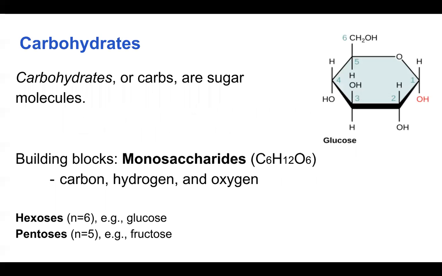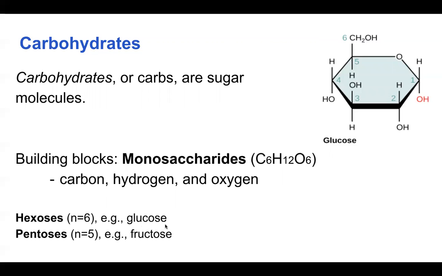Let's start with the carbohydrates. Carbohydrates or carbs are sugar molecules. The main building blocks of carbohydrates are monosaccharides. Monosaccharides consist of three atoms: carbon, hydrogen, and oxygen. Monosaccharides can be hexoses or pentoses.